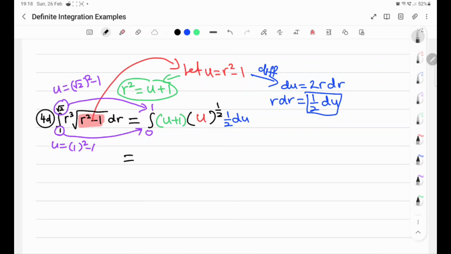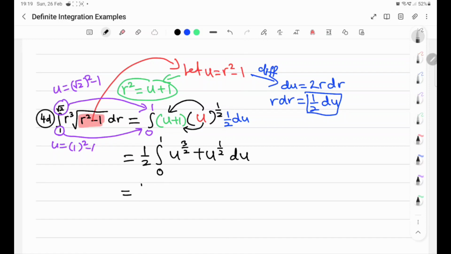Then we can integrate in pieces, but not quite. We have a constant to put outside and a bracket to expand over here. So 1 over 2 outside, integrate 0 to 1, and then u power half multiplied by u power 1, so u power 3 over 2, plus u power 1 over 2, with respect to u.